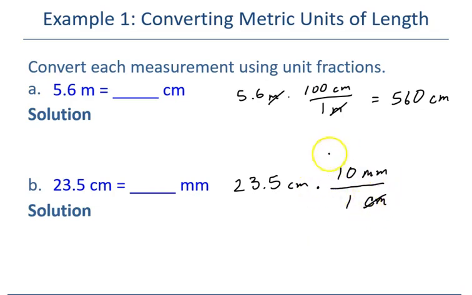We'll notice here that the centimeters cancel off, and we're multiplying by a 10 again, so we just move that decimal place over to the right by 1, so we get 235 millimeters. Notice by using all these tens and ones, and you're going to see thousands, it makes the conversion very simple. You can almost do it in your head. Notice I haven't had to get my calculator out yet. Okay, so let's keep going here.